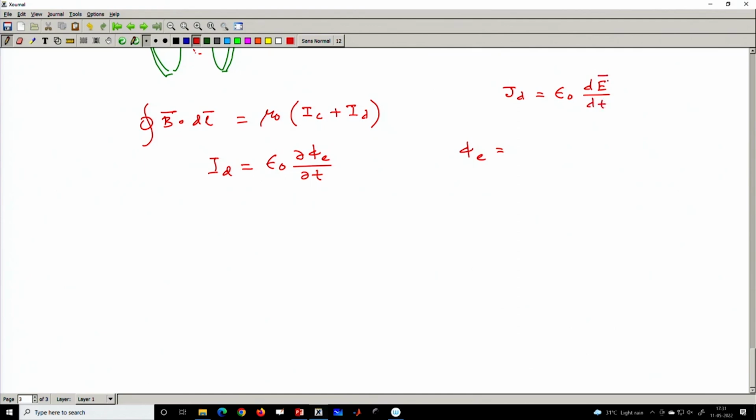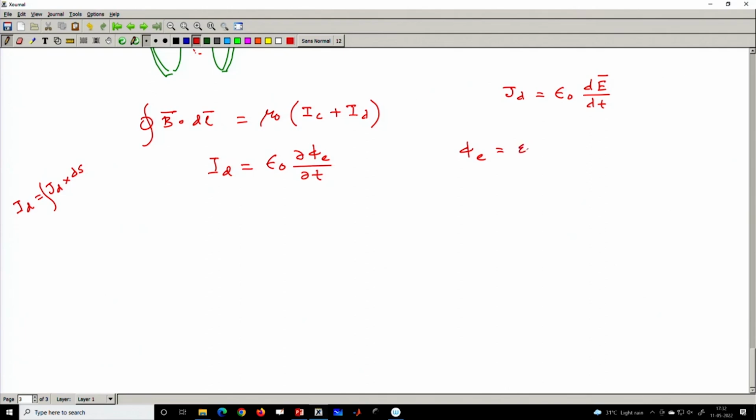E is the electric field. In terms of flux, the total current is JD multiplied by the area ds, and if I integrate it over this area, the electric field multiplied by the area should be the corresponding flux. That's why I can write it in the form of flux.